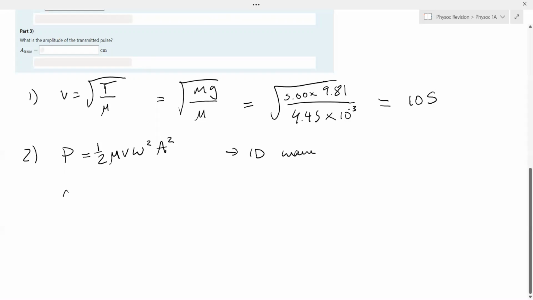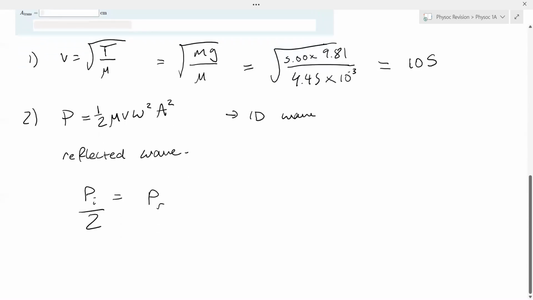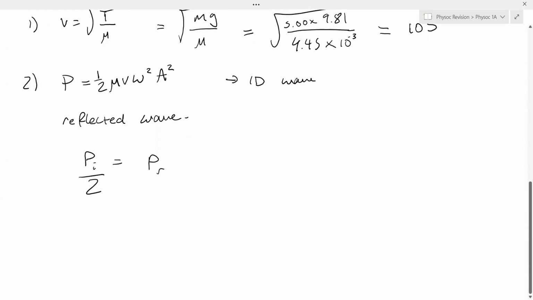So when we're having our reflected wave, we know half of our P incident is equal to our power of the reflected wave.